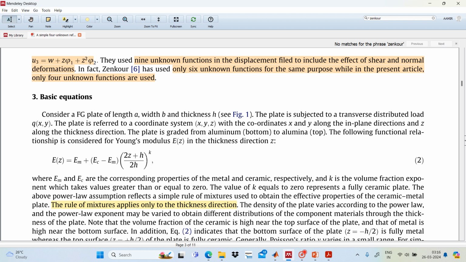Here it is written with K. If K is 0, it would be 1, so EC minus EM, EM would get cancelled, so at K equals 0, EG equals EC, meaning only fully ceramic properties would be shown.